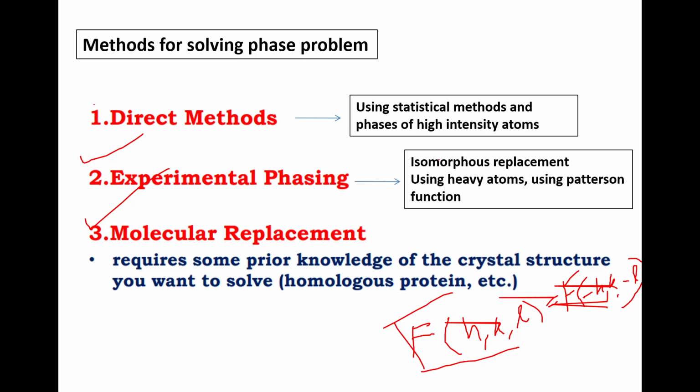To solve the phases of our own structure, we are using the phases of structures which have already been solved and deposited in the Protein Data Bank. We are taking ideas from the phases of those structures, which have greater than 30% similarity, to make the three-dimensional structure of our protein.